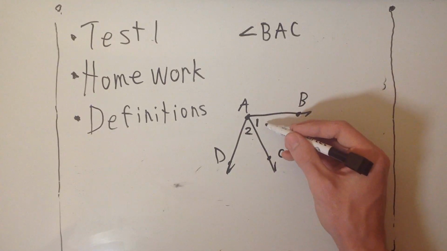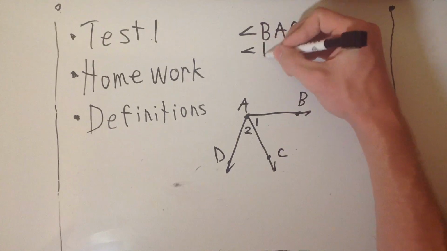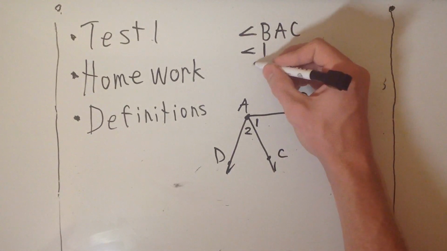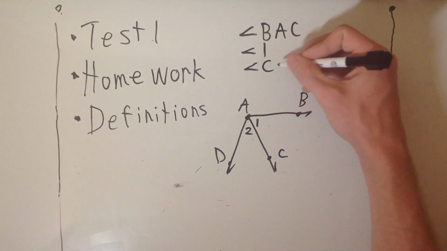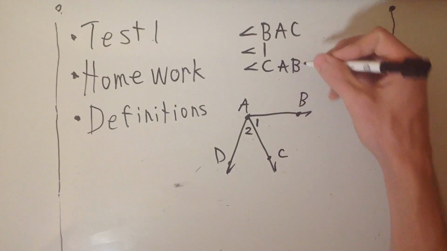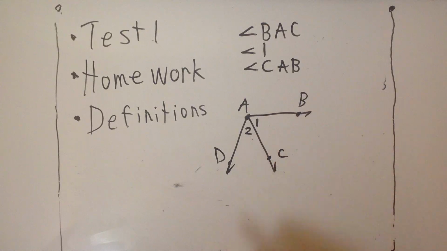But since we named these angle 1 and angle 2, we can just say angle 1, and that's another way to phrase it. The last one is angle CAB, which is just the letters in the opposite order. So we've got BAC, 1, and CAB to name that angle.